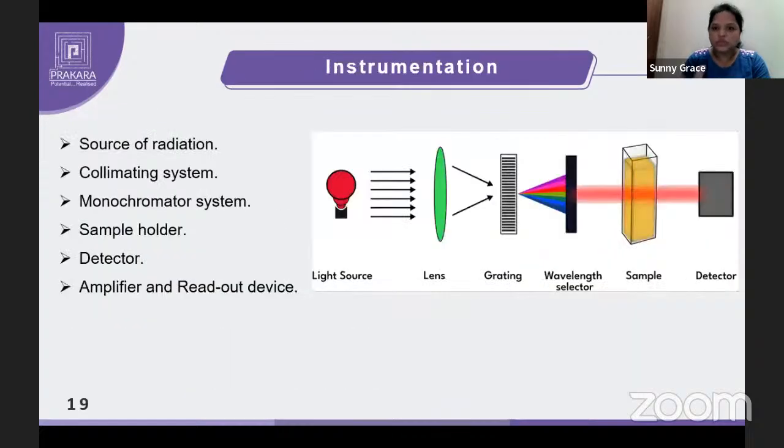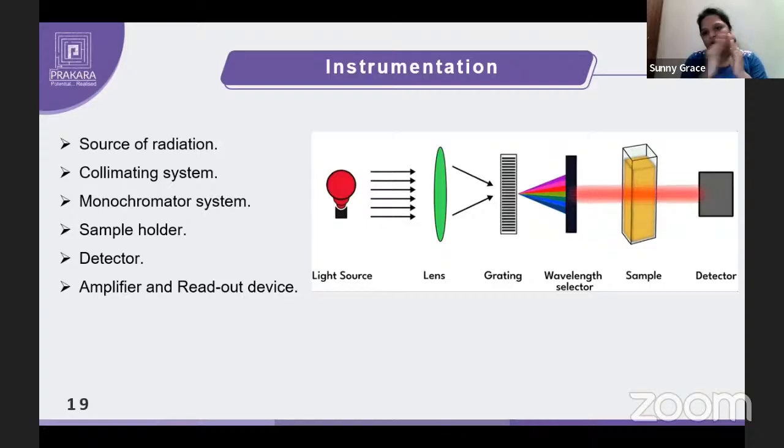Then let's see the instrumentation of UV-Visible spectroscopy. Coming to the components of a UV-Visible spectrophotometer, the first one is the source of radiation. Then the collimating system and the monochromator system. Generally, the collimating system and monochromator system are like an integrated one. It starts with an entrance slit, then a collimating lens, then the monochromator, collimating lens 2, and then finally the exit slit.